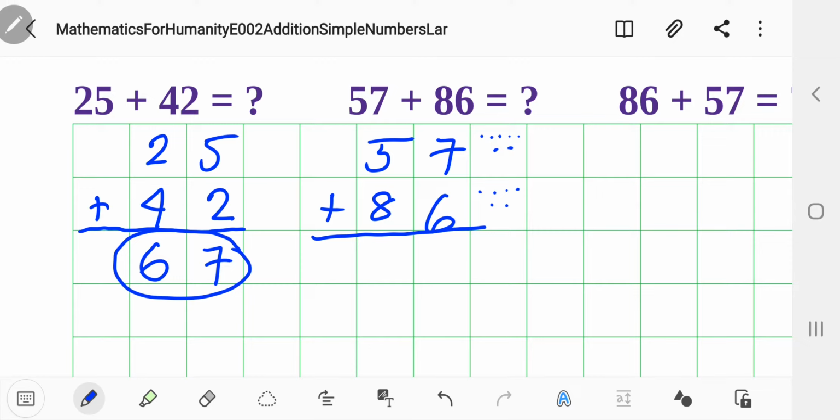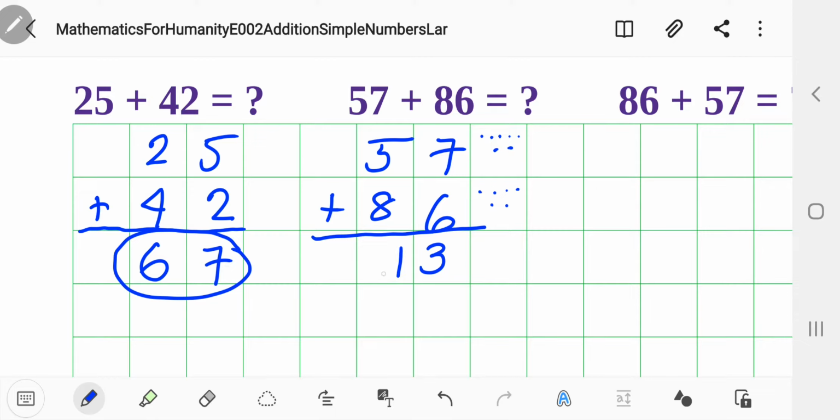You just count all the dots. So this is 7, 8, 9, 10, 11, 12, 13. So this is 13. So you write 3 here, and then on this box you write 1 as 13.